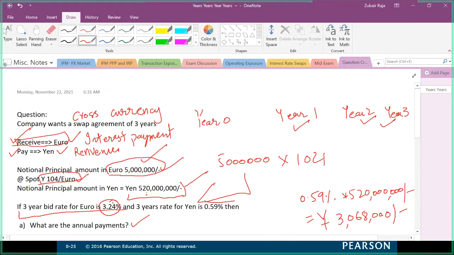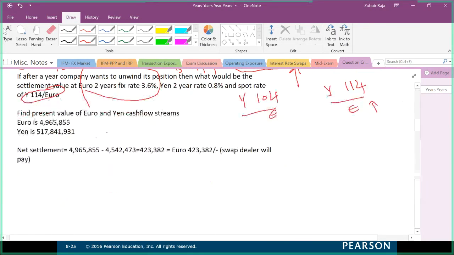The swap dealer. So the liability of the swap dealer was in euro, and when the euro appreciated, the liability also appreciated for the swap dealer. If you do the net settlement calculation, you will find that eventually the swap dealer has to pay 423,382 euros to the party.